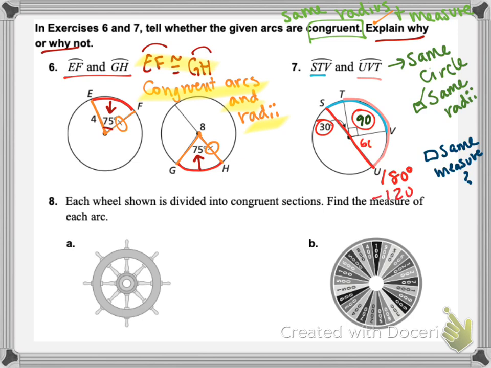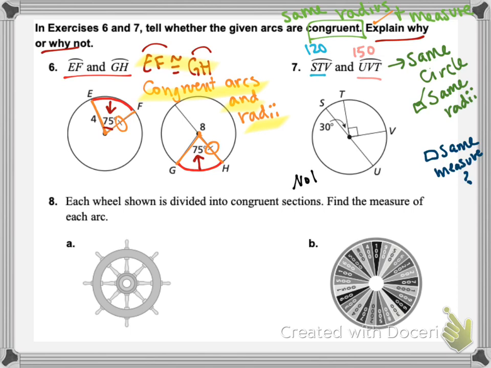So that means this missing piece is 60. So if you added them together, SV would be 30 plus 90, which is 120 degrees, whereas the other one would be 60 and 90, which makes 150. So they are not congruent. So we're going to answer.